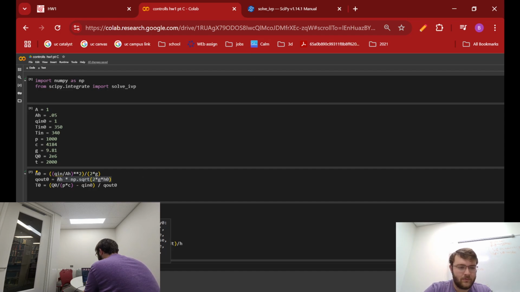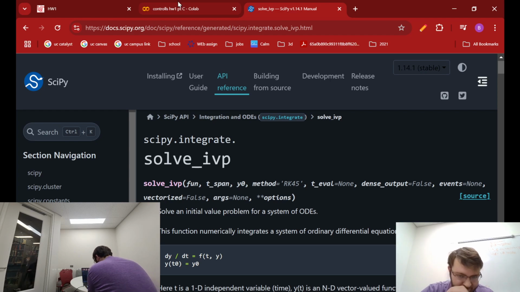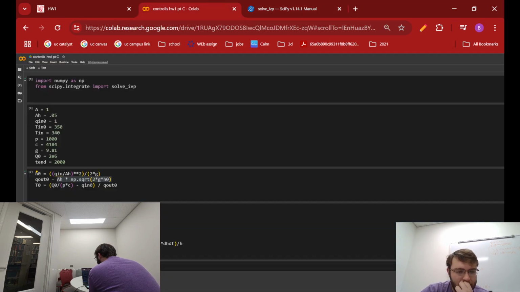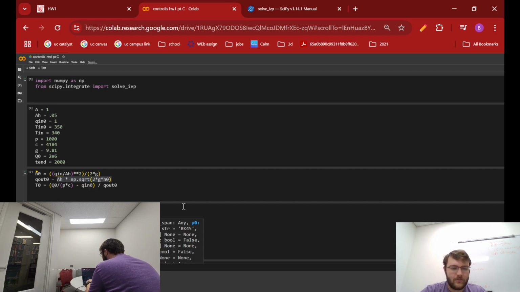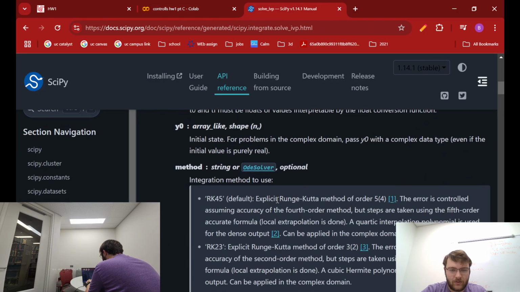Our span would be from 0 to T. We'll call it T end, not to confuse ourselves later. I forget what that one is, but then our method equals RK4.